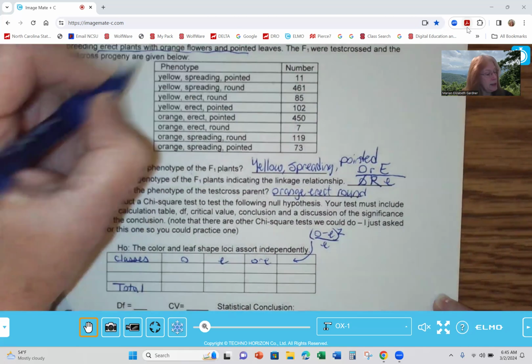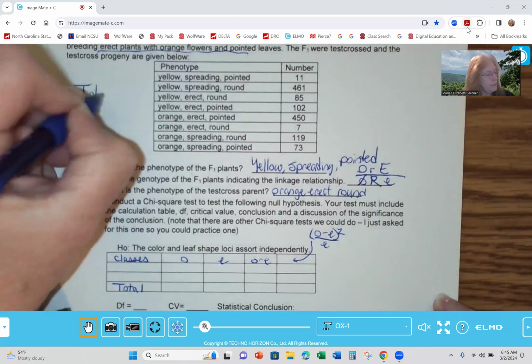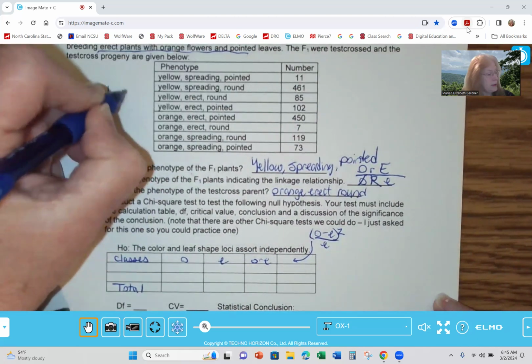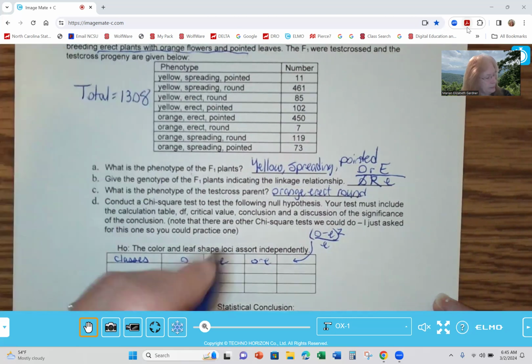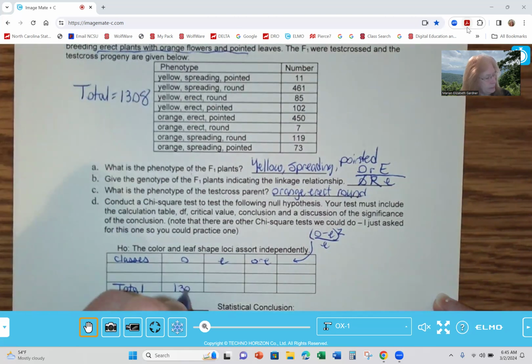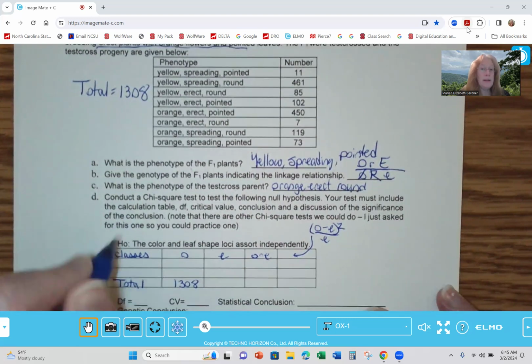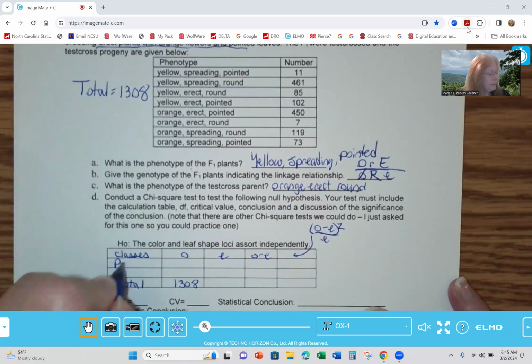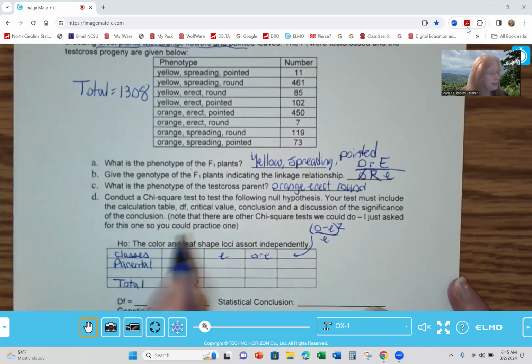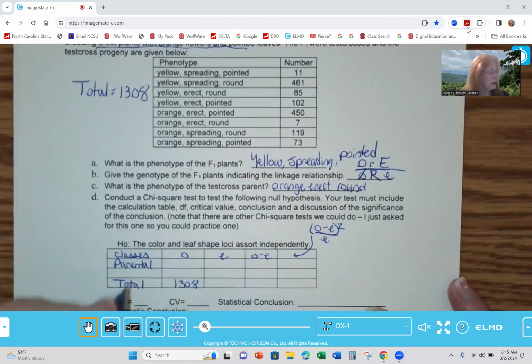I did total these up, and the total is 1,308. Our classes here are parental and recombinant. Parental, no cross between the color and leaf shape genes, since those are the 2 we're testing. Recombinant, there was a cross.